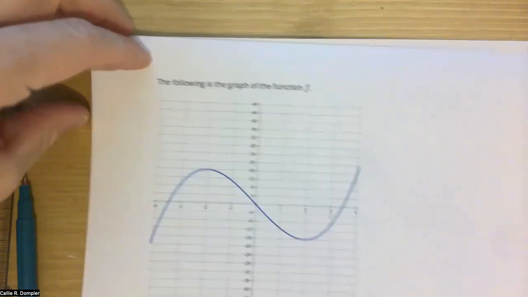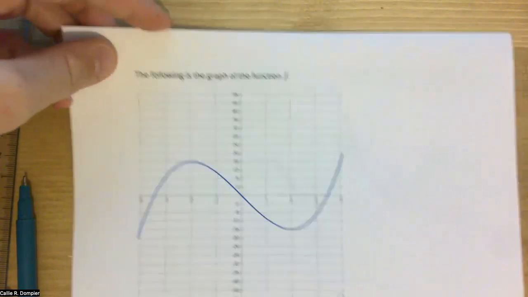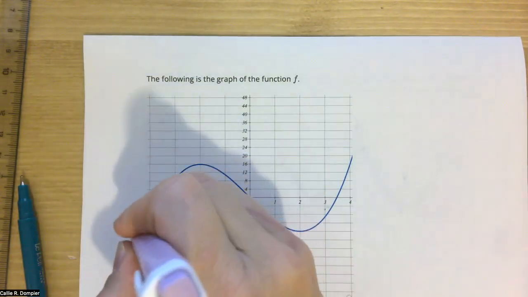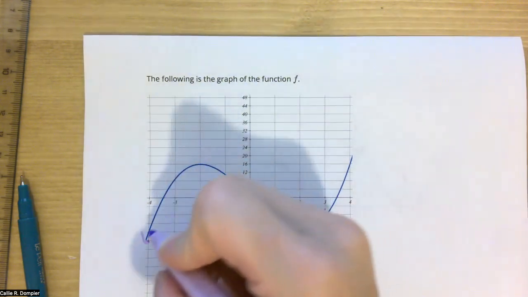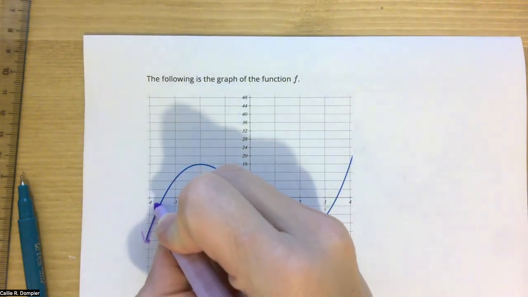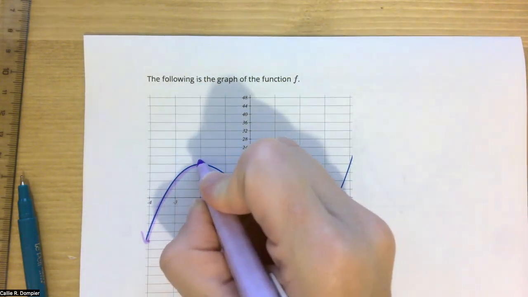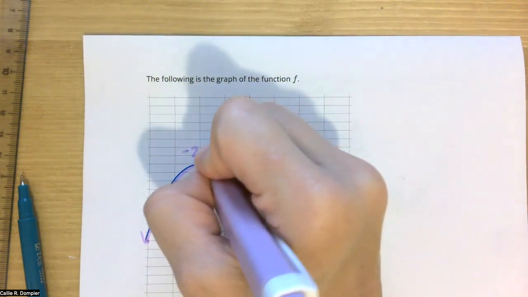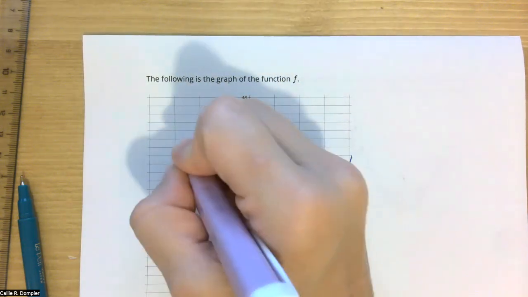Here's a graph of the function f. What are the intervals where it is increasing or decreasing? Increasing. If it goes off the graph, that means it's an arrow. It's increasing from negative infinity until right here, which I'm going to call -2. That's -2, 12, right?